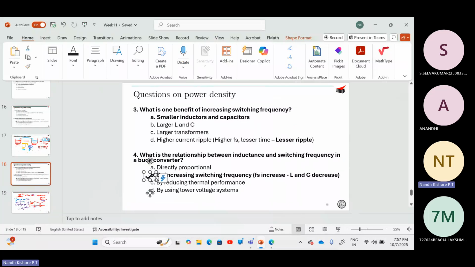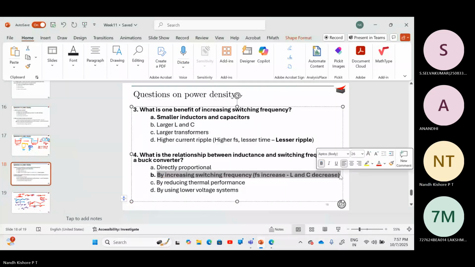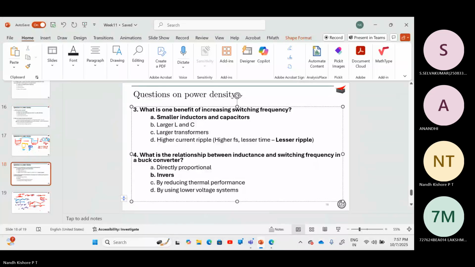Option B, inversely proportional. Option C, independent of each other.